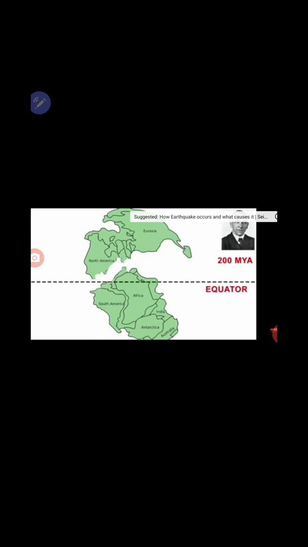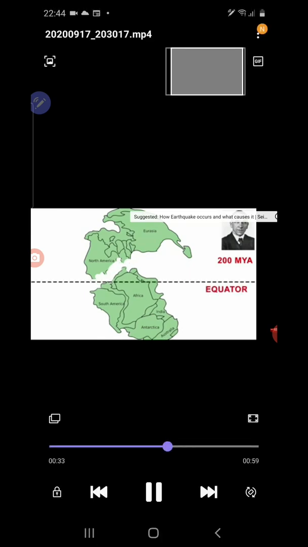Later on there took place a breakup within this Pangaea, and it happened around 2 million years ago. They formed 2 supercontinents: in the northern hemisphere they formed Laurasia, in the southern hemisphere they formed Gondwana land. Our present Indian Peninsula region, Australia, Antarctica, Africa, all these are the part of Gondwana land.